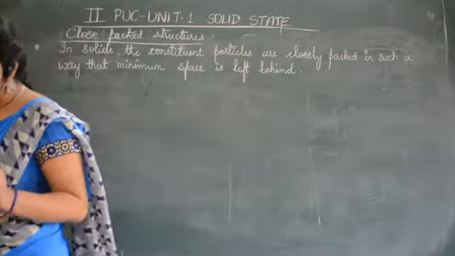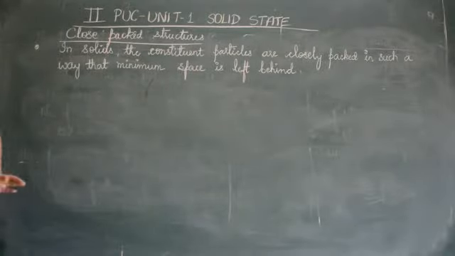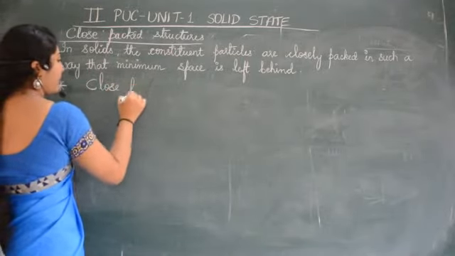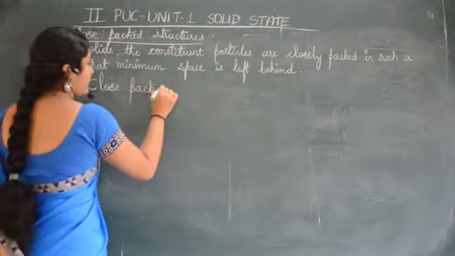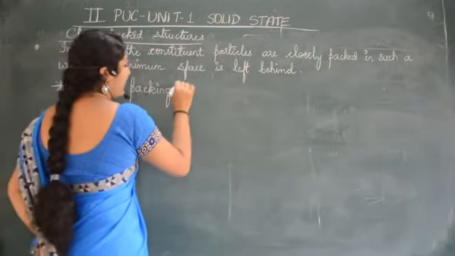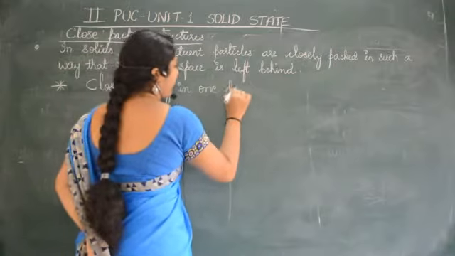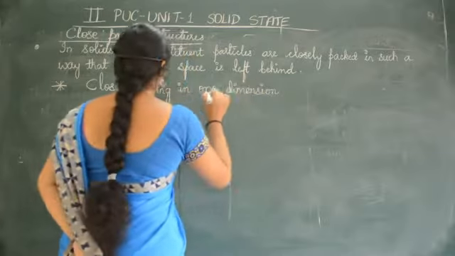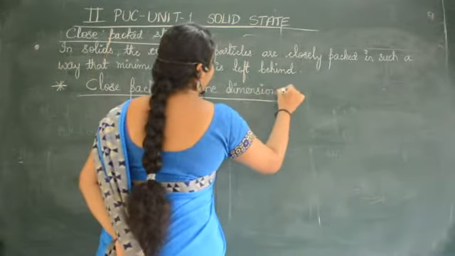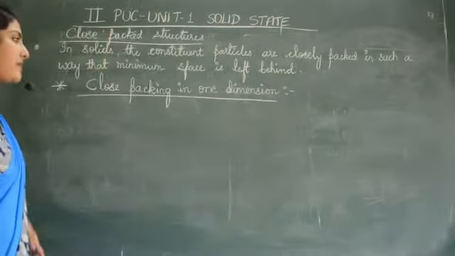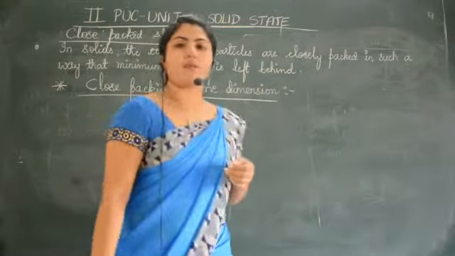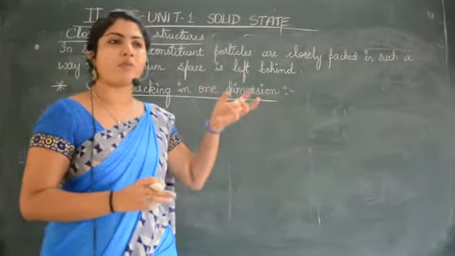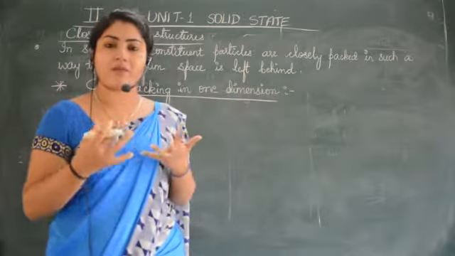Now let us see close packing in 1 dimension. When I say 3-dimensional close packing, that means it is for real structures. 2 dimension, 1 dimension, it's just like in a plane surface, the way we explain.